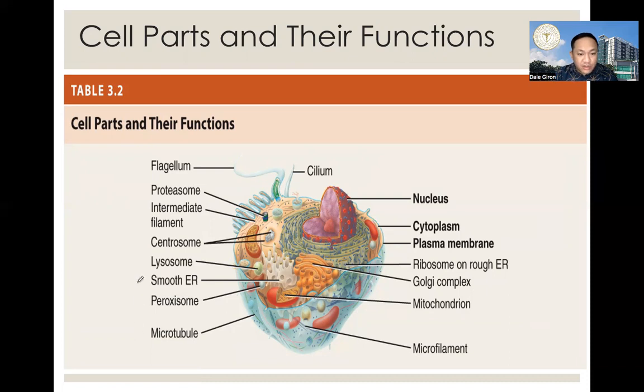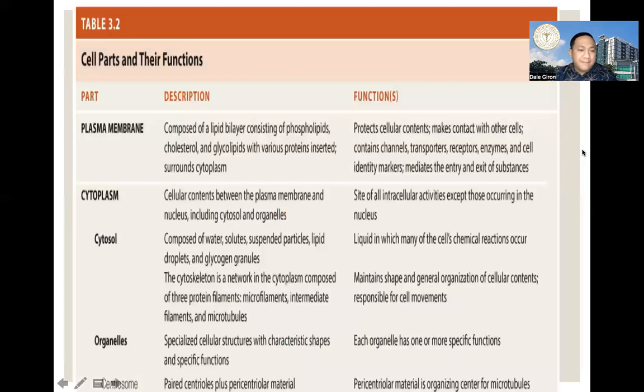Examples are the endoplasmic reticulum, centrosome, lysosome, ribosome, Golgi complex, mitochondria, microfilament, and microtubule. These are your cytoskeleton. The flagellum and the cilium are actually attachments to your cell membrane. But the main parts of the cell are your nucleus, your cytoplasm, and the plasma membrane. Okay. All right.